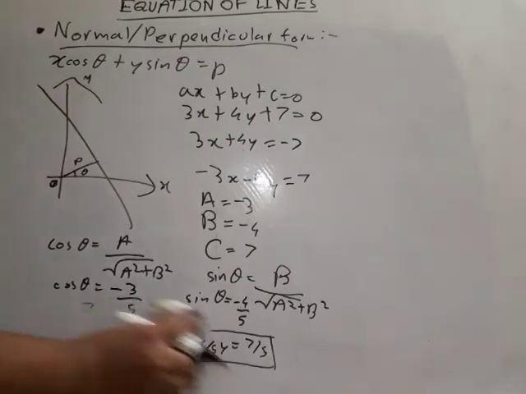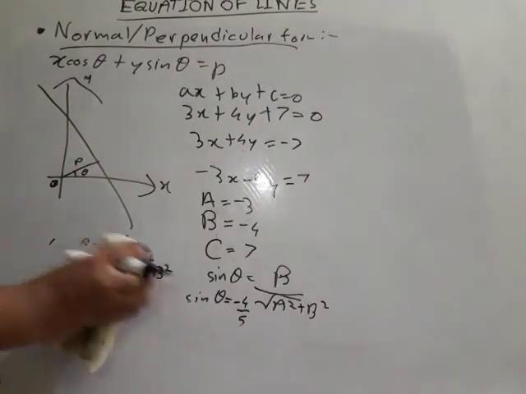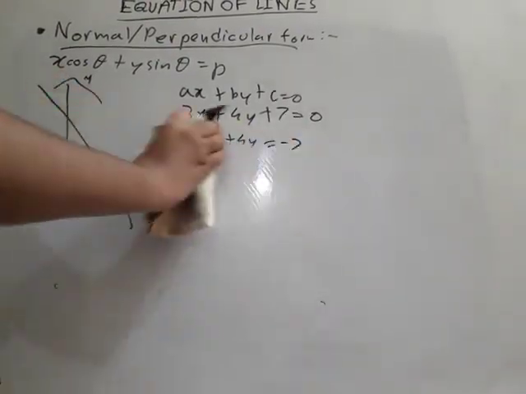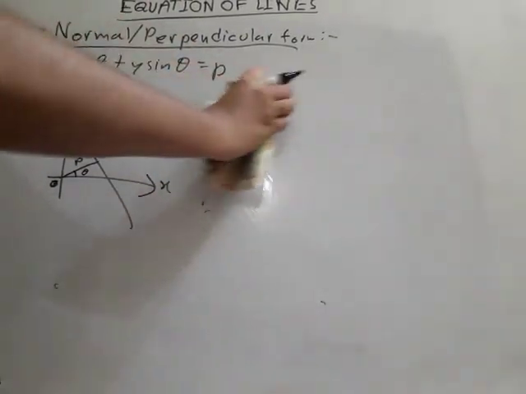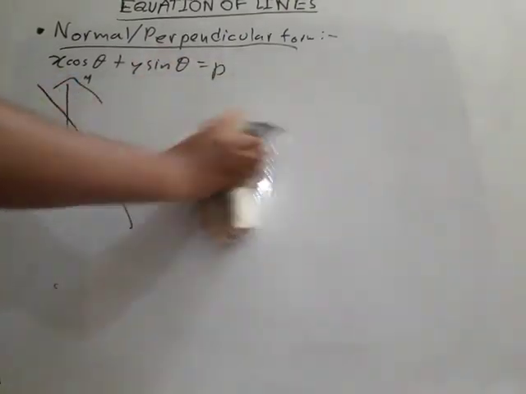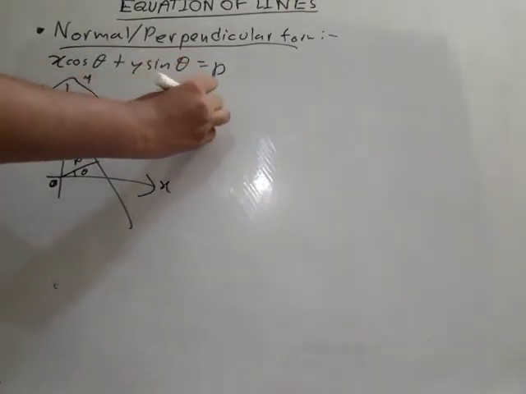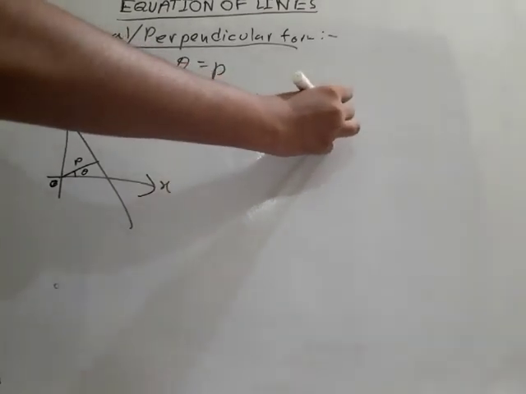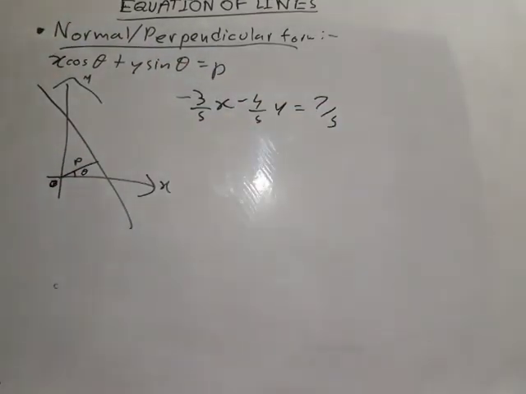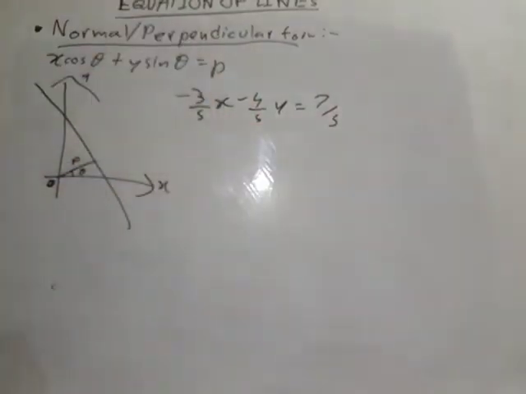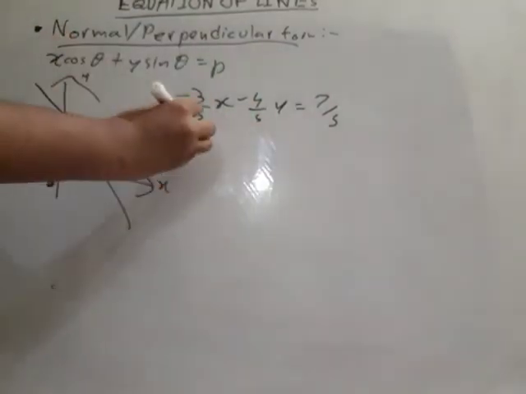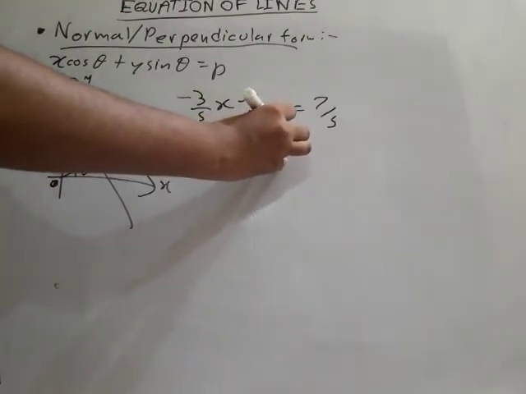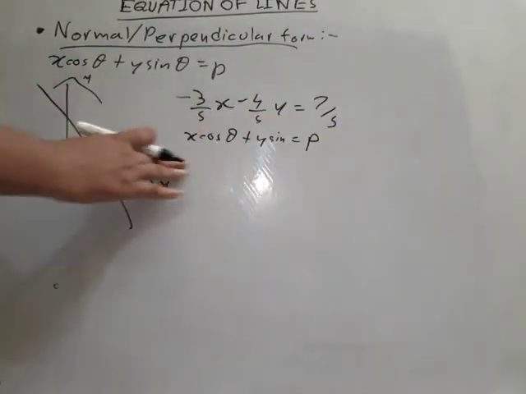Now, how to convert the normal form into the general form? Taking the previous example only, I am writing down the normal equation, that is minus 3 by 5 x minus 4 by 5 y equal to 7 by 5. We divide the whole thing by p. In the equation x cos theta plus y sin theta equal to p, we divide by p.